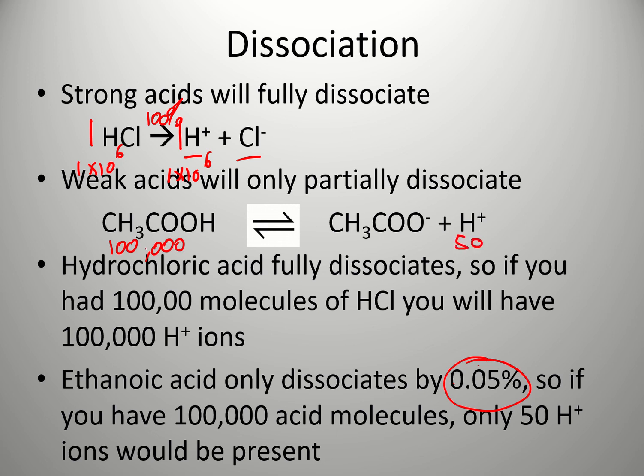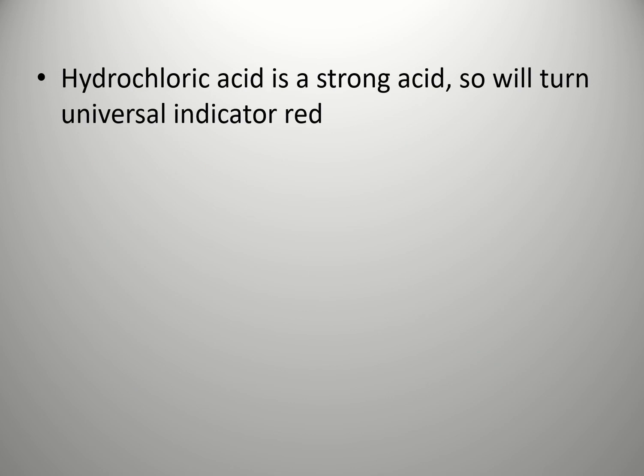Whereas up here, if I had 100,000 HCl's, that would give me 100,000 H plus ions. You can see why these are weak acids versus strong acids, but they still produce H plus ions, so therefore they still react in the same way as acids you would expect.